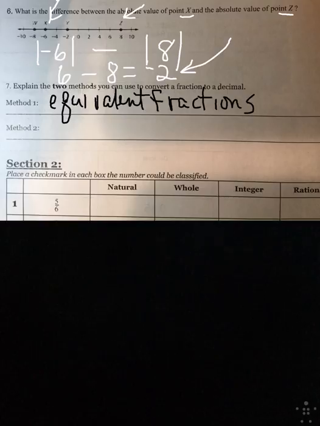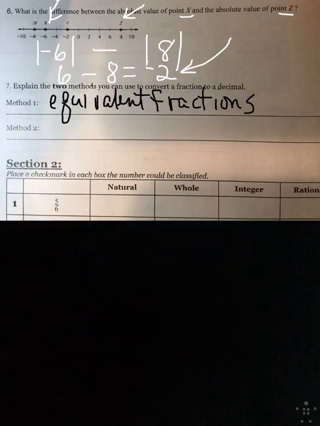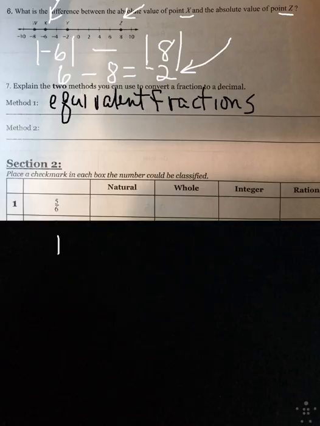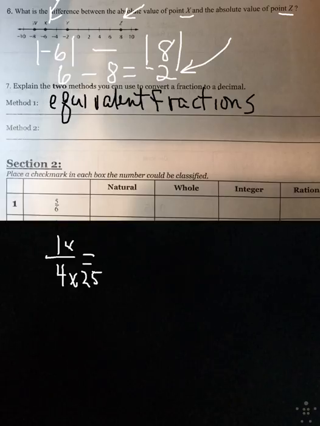Okay, and in equivalent fractions, you take a fraction, and we're going to convert it into a fraction of equivalent value that has some type of place value for our denominator. So in this case, I'm going to make it a denominator of 100 because I can make that a decimal very easily.